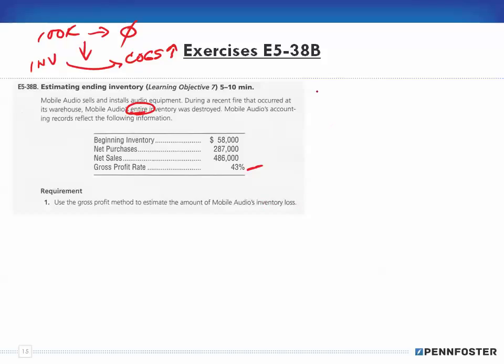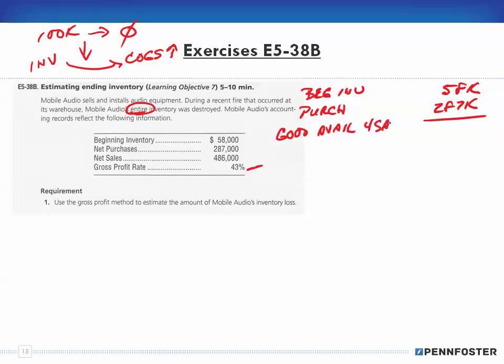Okay, so we have a beginning inventory of 58,000, and then we had net purchases of 287,000. So that means our goods available for sale is 345,000.